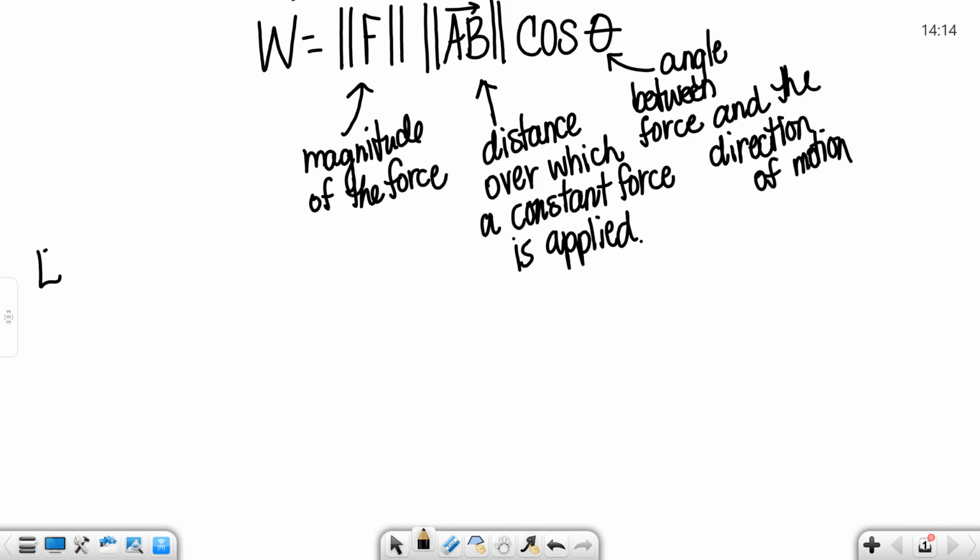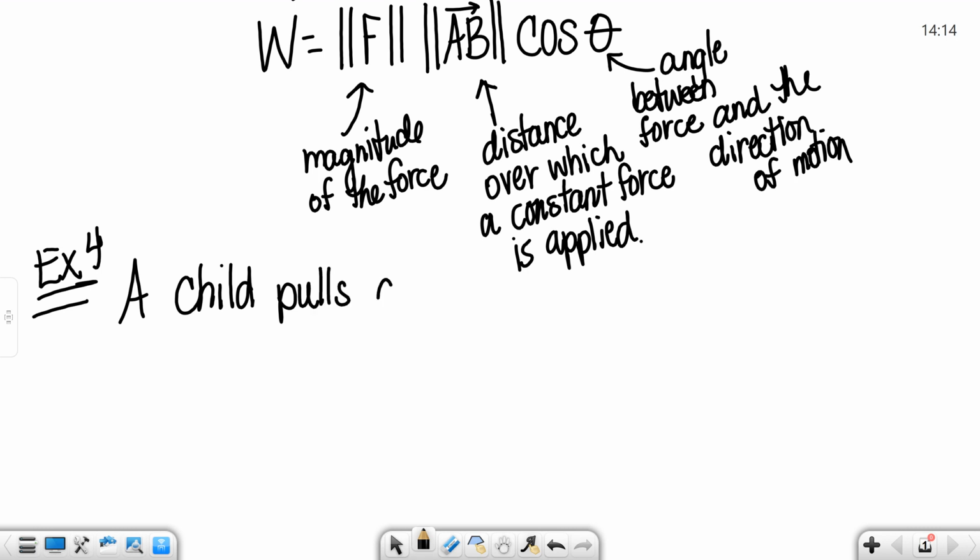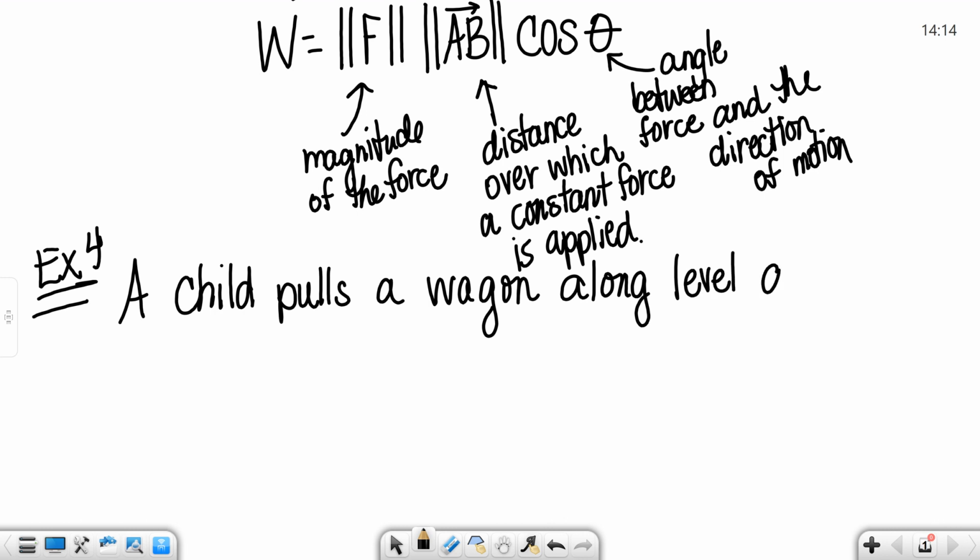All right, so here's our last example. We're only going to do one of these. We've got a child that pulls a wagon. That's a simple physics problem. Pulls a wagon along level ground. Easy enough.